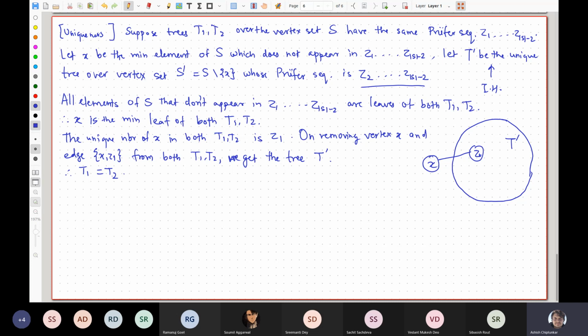Okay. So should we move completely to some new kinds of graphs now? I didn't want to go into details of those kinds of graphs.